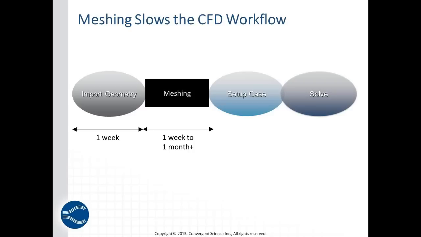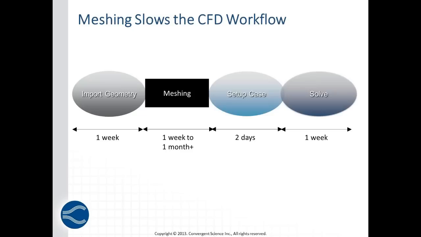how you could potentially eliminate this meshing step. If you look at the setup of the case, typically that takes a couple of days in almost any CFD code. And then solving, traditionally, everyone would like to have the solution overnight, but often we're running solutions that take about a week.